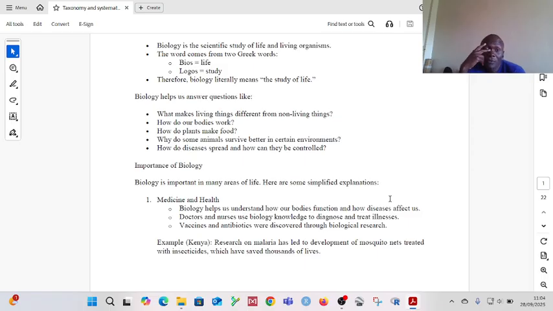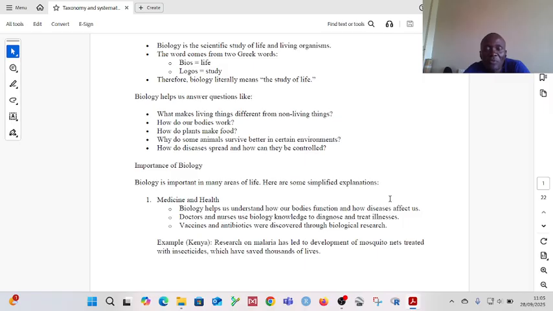So it is true that biology is very, very vital in many areas of life. Some of these areas include, for example, medicine and health. Through biology, we can understand how our bodies function. So once you know how our bodies function, then we can also understand how diseases will affect our bodies.